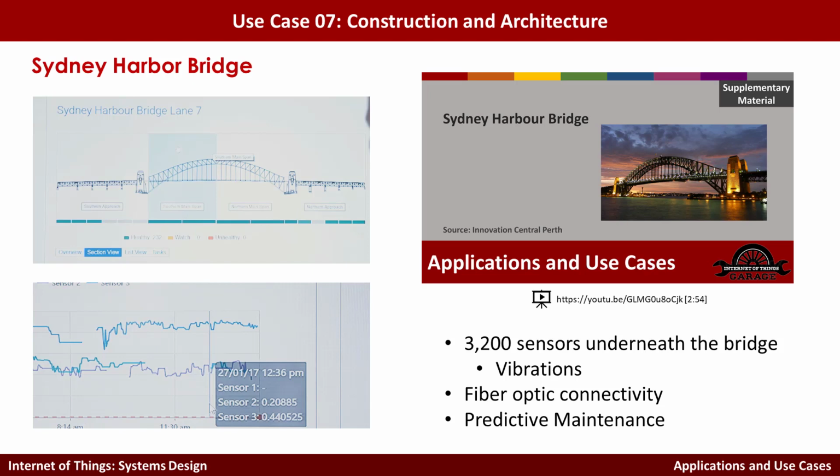They have connected these sensors using fiber optic, and they use the data to analyze the real-time performance of the bridge. Please go and watch the video to understand this use case better.